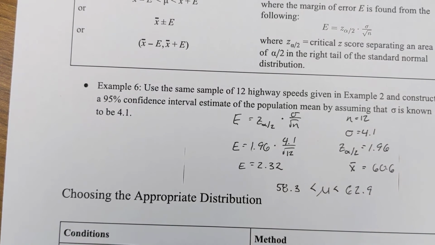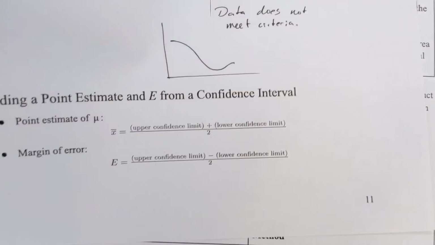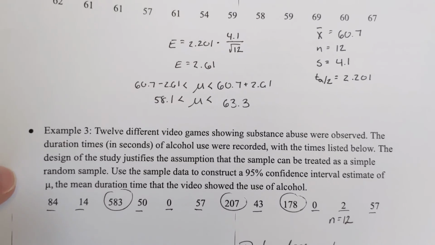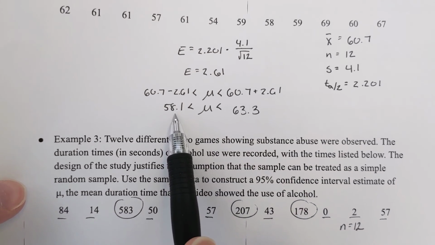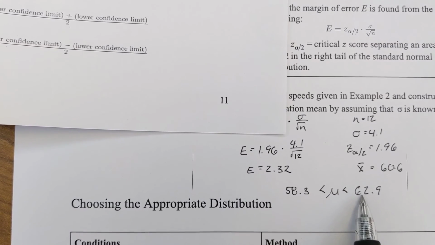That would be my 95% confidence interval if I knew the standard deviation. And if you notice, here are our numbers. When you had t, it was 58.1 to 63.3, and this is 58.3 to 62.9.